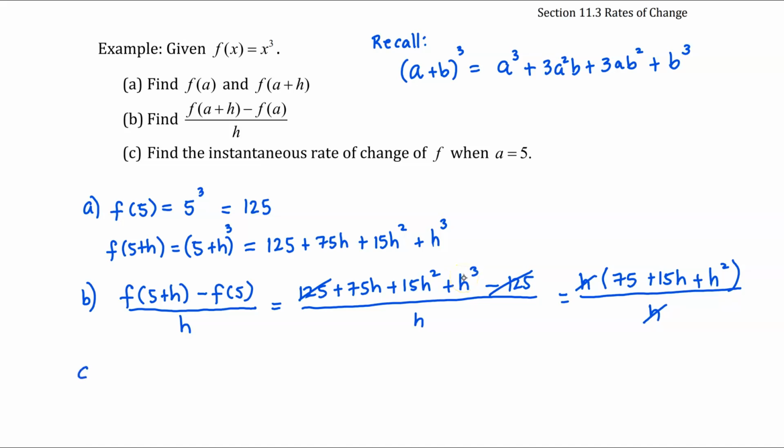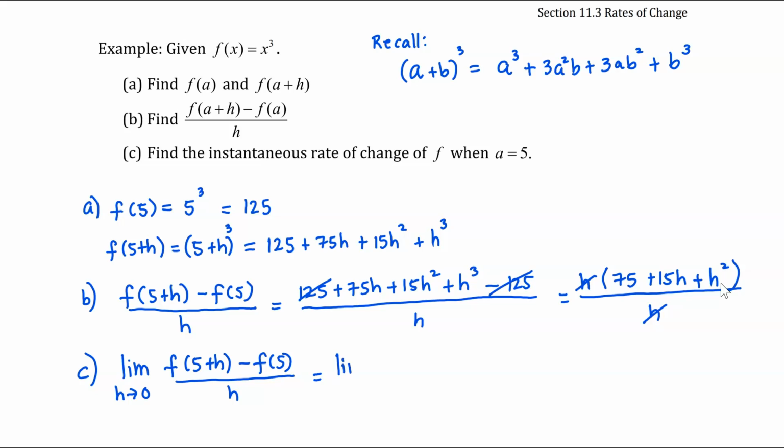And then letter C, to find the instantaneous rate of change of f when a is equal to 5, that is just equal to the limit of f of 5 plus h minus f of 5 divided by h as h approaches 0. Now, this expression here is equal to this.